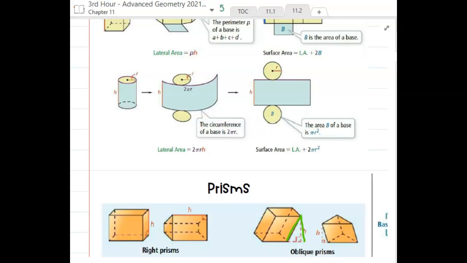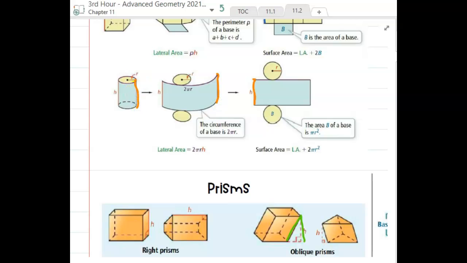Make sense? Okay. Now, for the lateral area, kind of like with the prism, I said if you lay a prism out flat, it's going to be a rectangle. If you take the label off a soup can and lay it out flat, what would it be? A rectangle. So we're still finding the area of a rectangle, and guess what? The height of this rectangle is still the height of the cylinder, right?